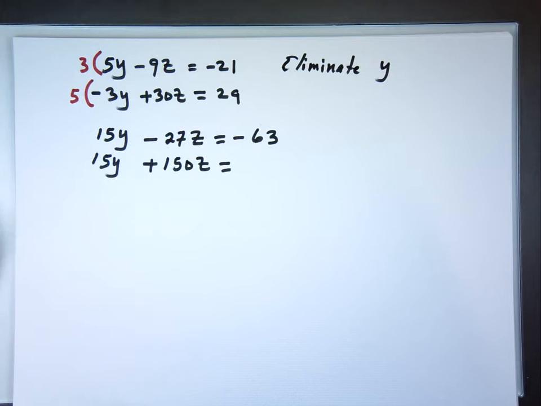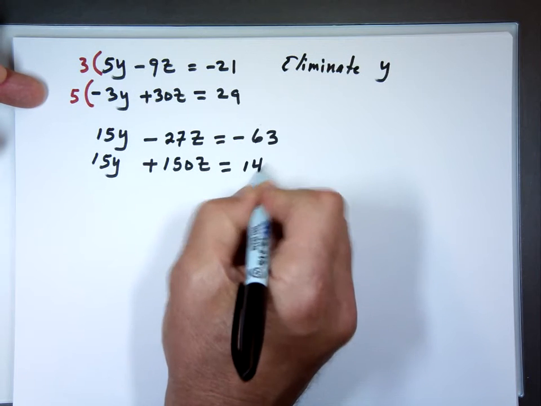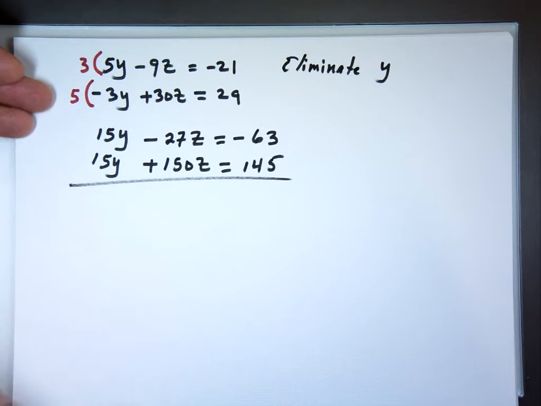I think that's 145. 29 times 5, 145. Let's add them.